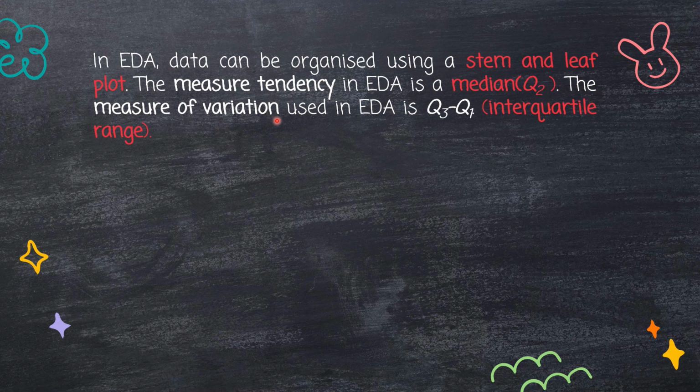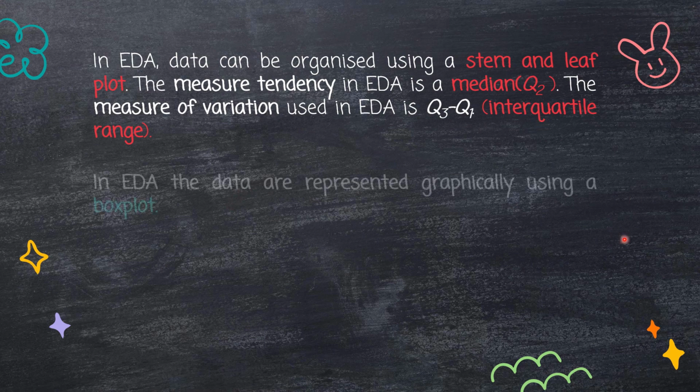The measure of variation used in EDA is the third quartile minus the first quartile, or interquartile range. In EDA, the data are represented graphically using a box plot.